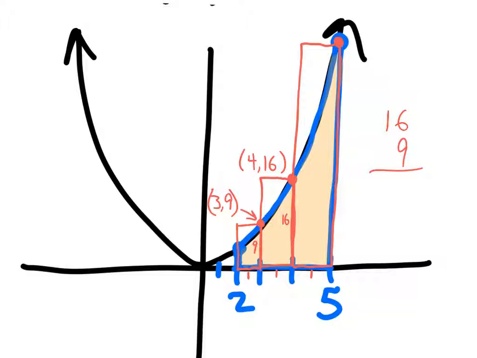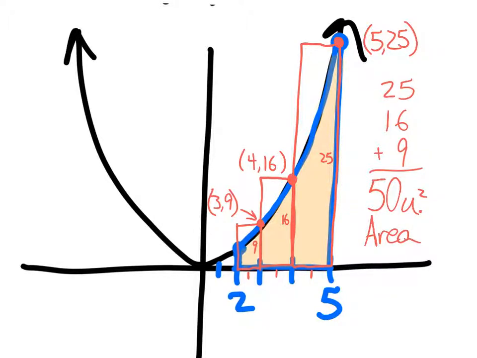In this case, yeah, because they're each 1 unit wide. Okay. Alright? What's the point up here? 5, 25. So the height of that rectangle is 25, the width is 1, so the area is 25. So if I add those together, I get 50 square units, whatever the units are here, as my area. Okay?